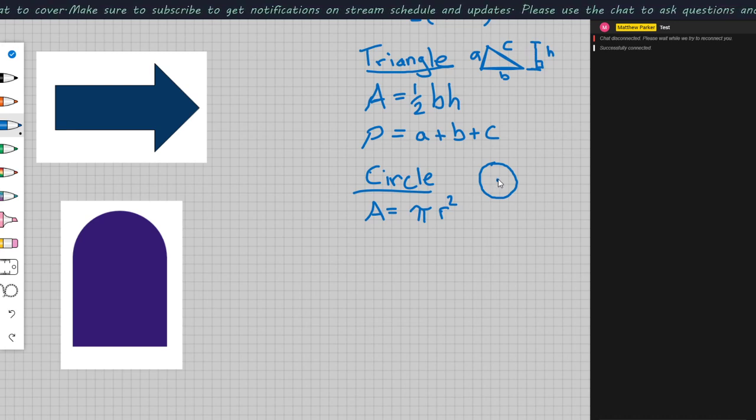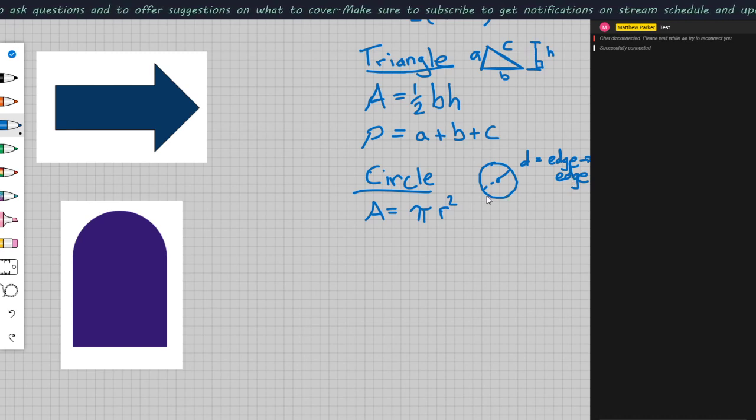So you have the center of your circle. You have a line that either comes to the edge, or you may have one that cuts it completely in half. It goes through the center. It goes completely through. That's going to be your diameter. So that's from edge to edge, and it goes through the center.